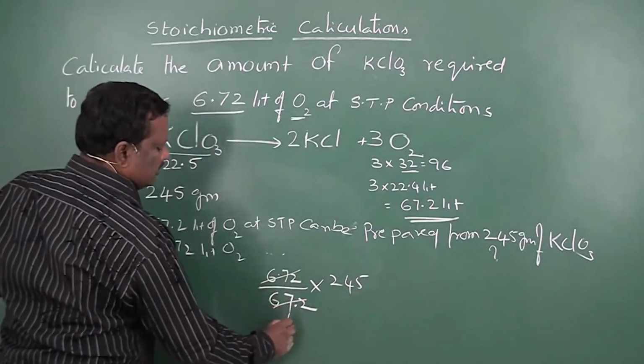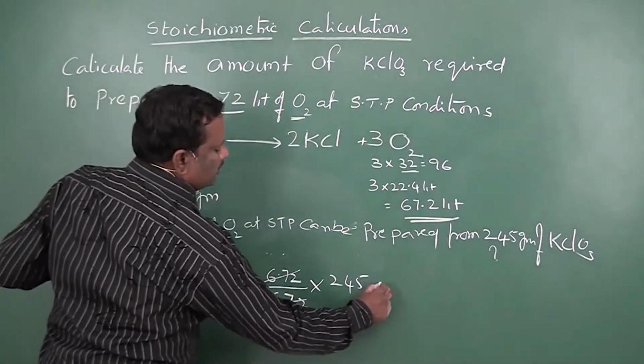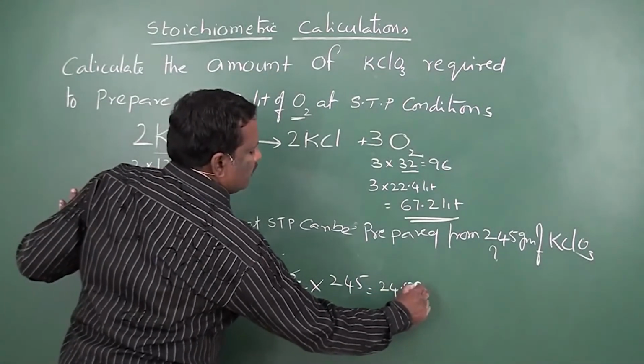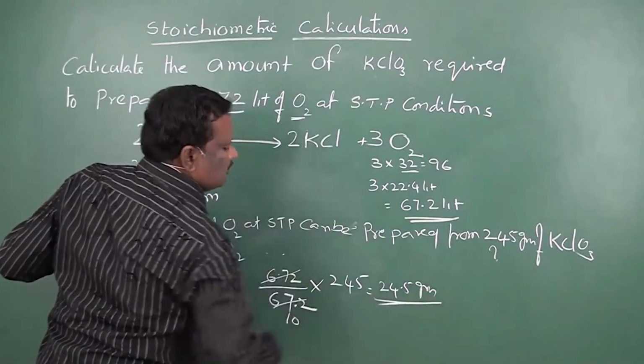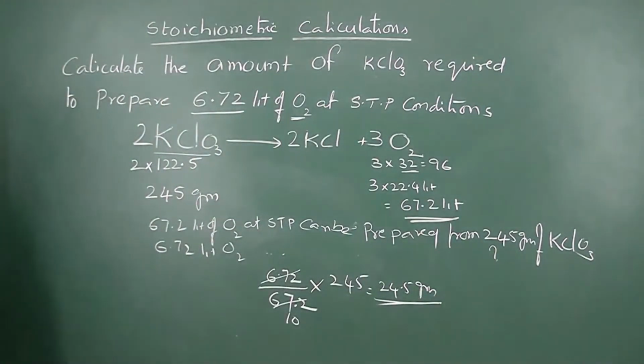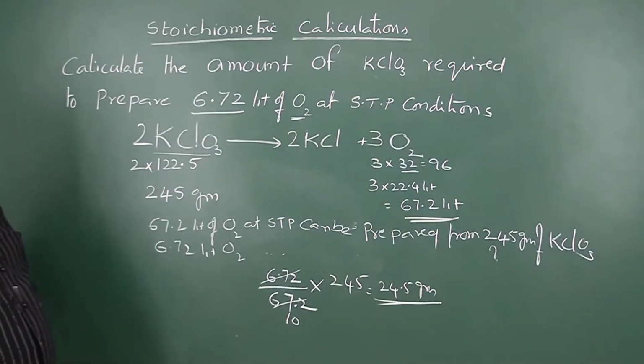So it goes here 10 times, then it will be 24.5 grams. So 24.5 grams of potassium chlorate is required to prepare 6.72 liters of oxygen gas at STP.